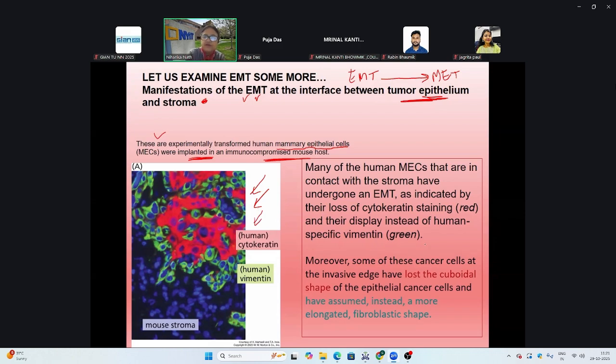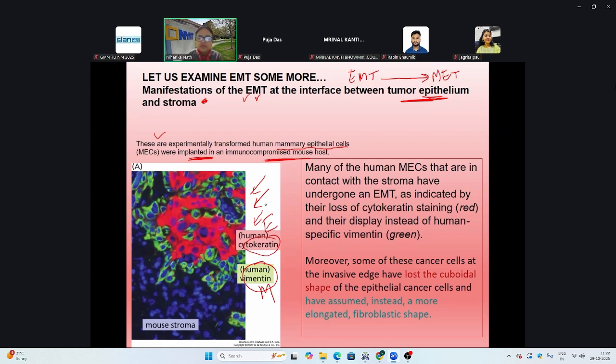The red ones are staining for cytokeratin. And what does that mean? The green ones are for vimentin. Vimentin is a mesenchymal marker, and cytokeratin is an epithelial marker.